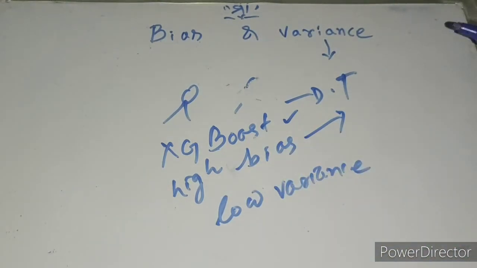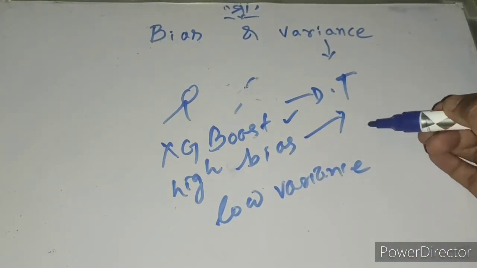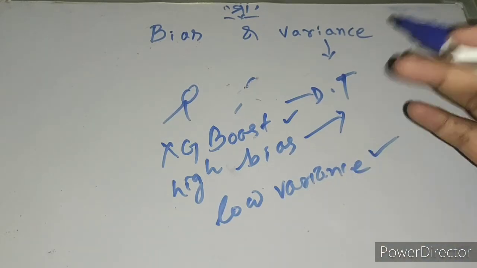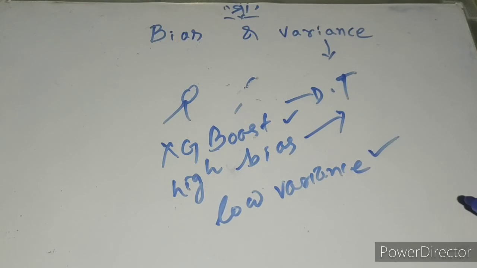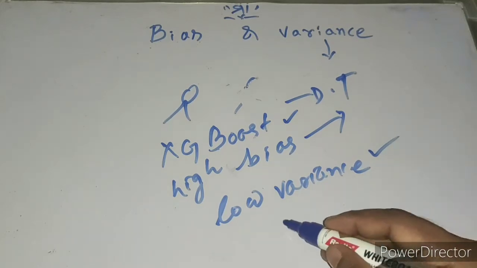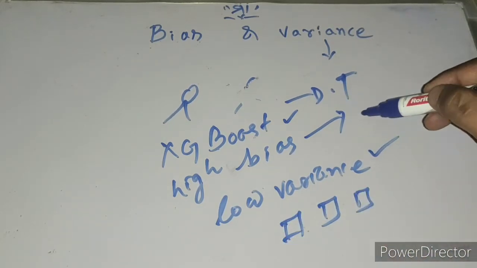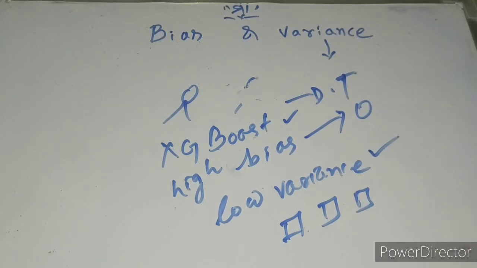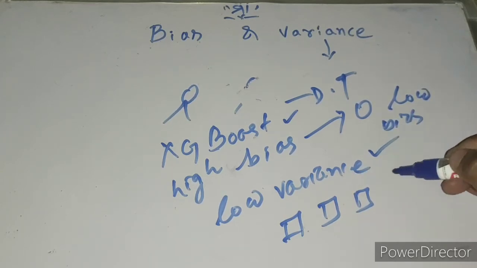It gives us a high bias situation. While in testing, we get low variance. Low variance means it fits well. So while working on XGBoost, we have to gather most of the weak learners, and all these weak learners are combined together to form a low bias and low variance kind of output. As the various weak learners are combined, this high bias doesn't come into the picture and high bias turns into low bias. So once we get low bias in training, ultimately we are getting low variance. So it fits well.